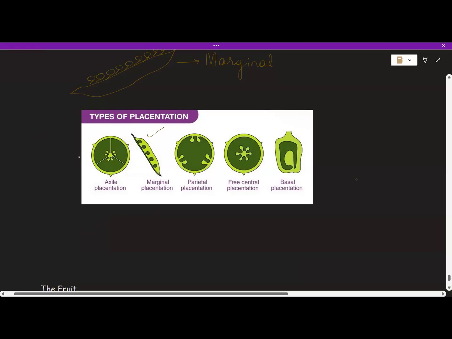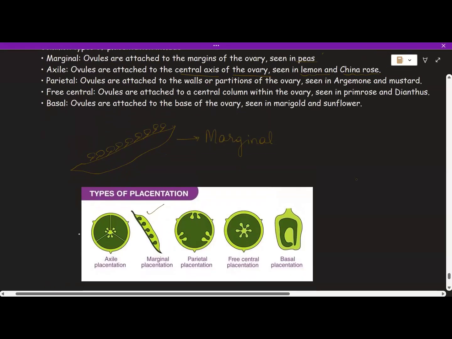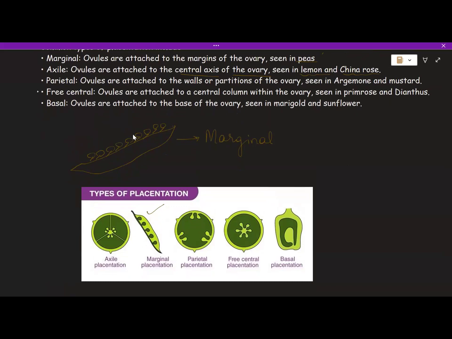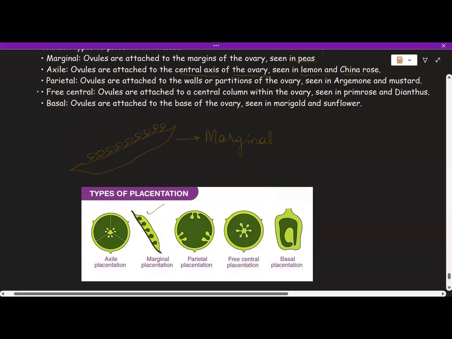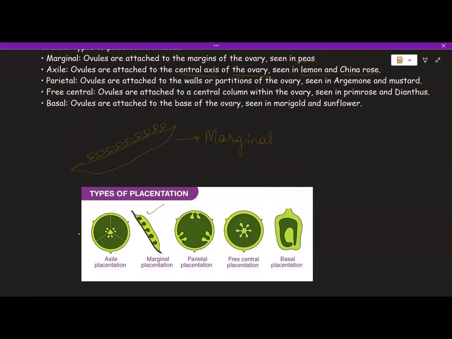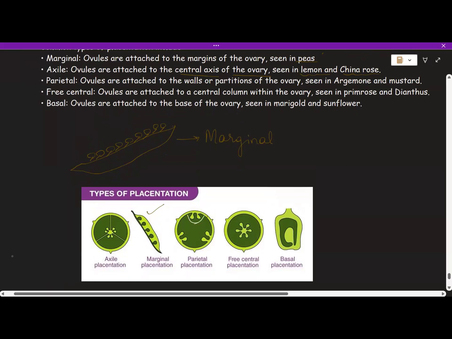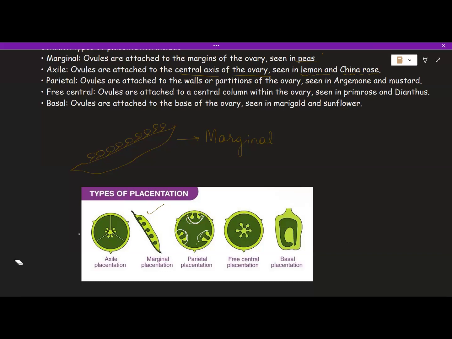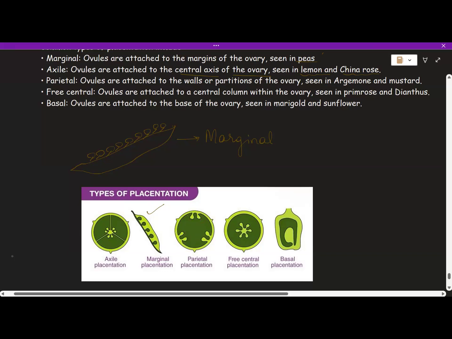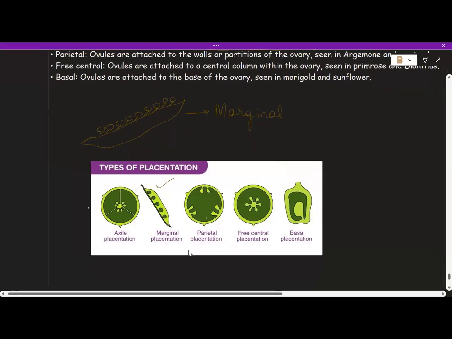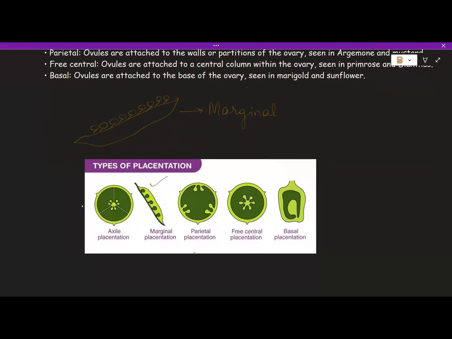Then the third one is when the ovules are attached to the walls or the partitions of the ovary. See how they are present at the walls like this. Let me change the color of the ink. This kind of placentation, where the ovules are present at the walls or partitions of the ovary, is what we call parietal placentation.